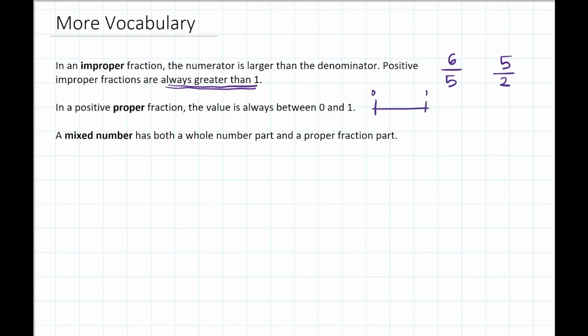And then mixed numbers always have whole number parts and proper fraction parts. So you might have like 3 1/2. This is my whole number, and here's my fraction part. Mixed numbers are not typically written as a whole number and then an improper fraction. We would have to rewrite this. And we will learn to do that, but not quite yet.